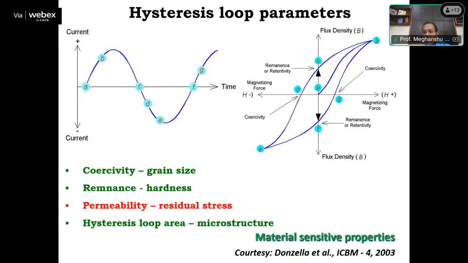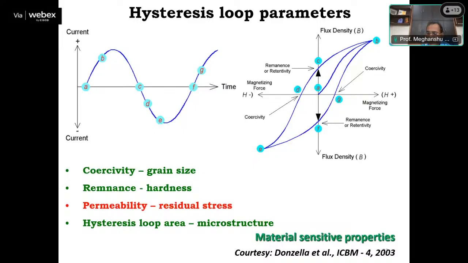And when we see the intersection of the hysteresis loop with the y-axis, point C and point F, it is remanence or retentivity. These magnetic properties like coercivity and remanence are very much related with material property because of direct correlation.